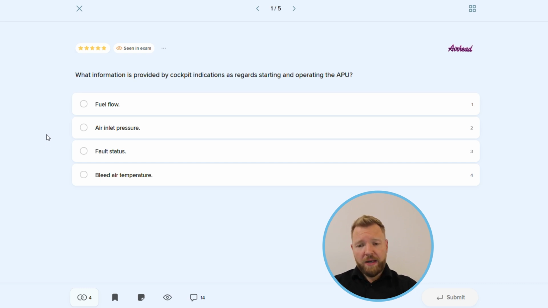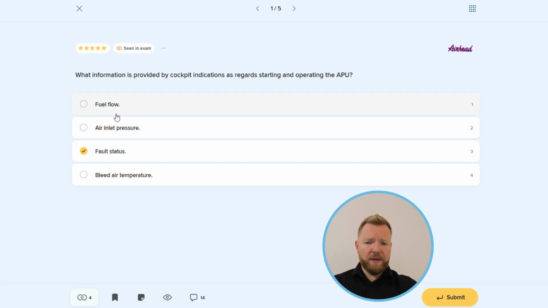On the overhead panel, we have also a fault indication on the APU master switch. So in our case, the answer number 3, fault status, is a correct one. Now, just to cross-check, let's go through other answers. The first one, fuel flow.